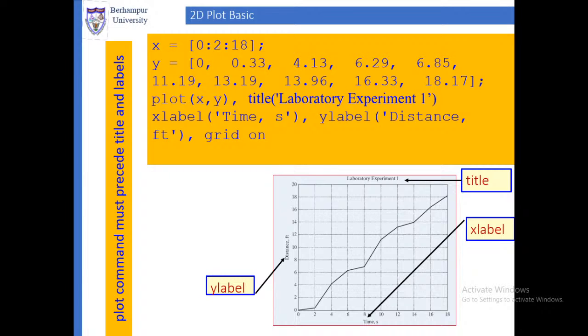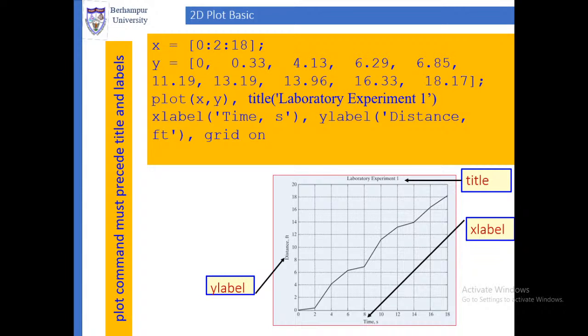So for each x there will be a corresponding y. Then in the xy plane, for each x and its corresponding y, we find a point. Then we join all those points, and that gives us a plot. So that is a 2D plot.